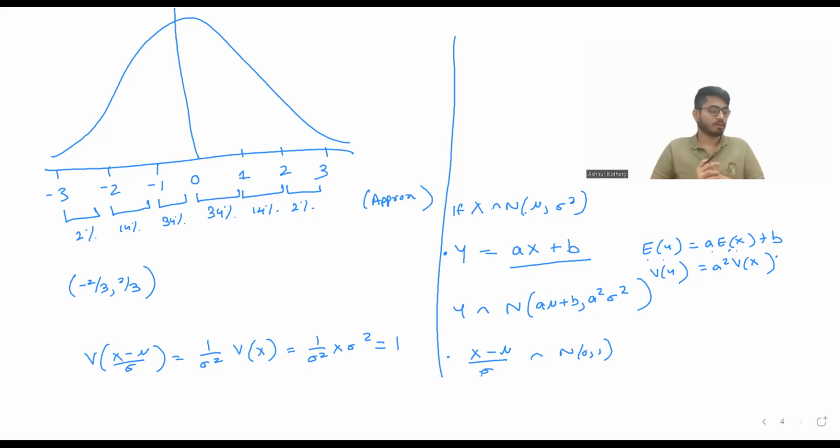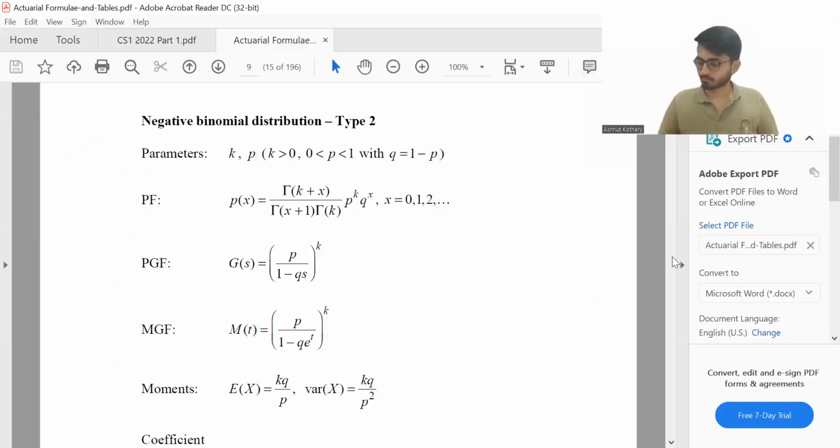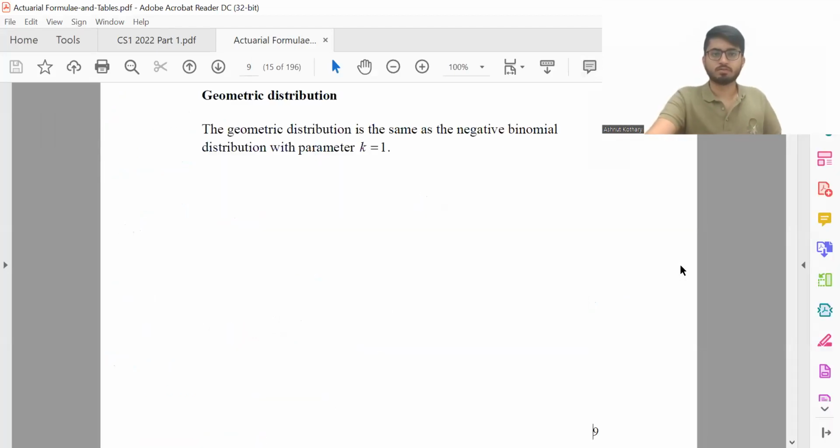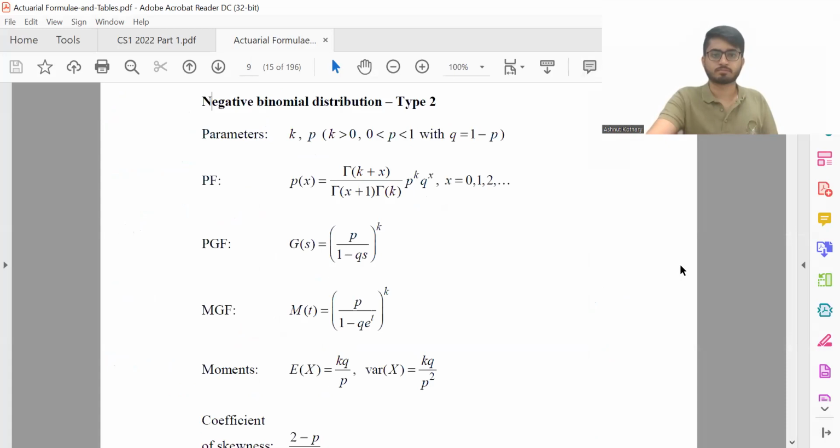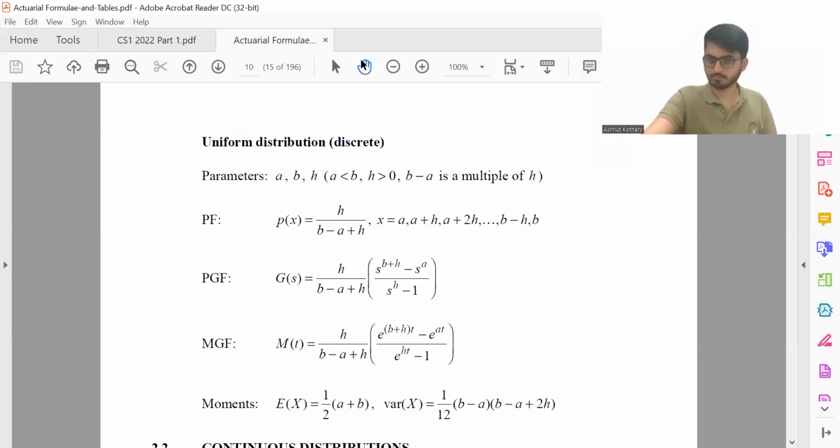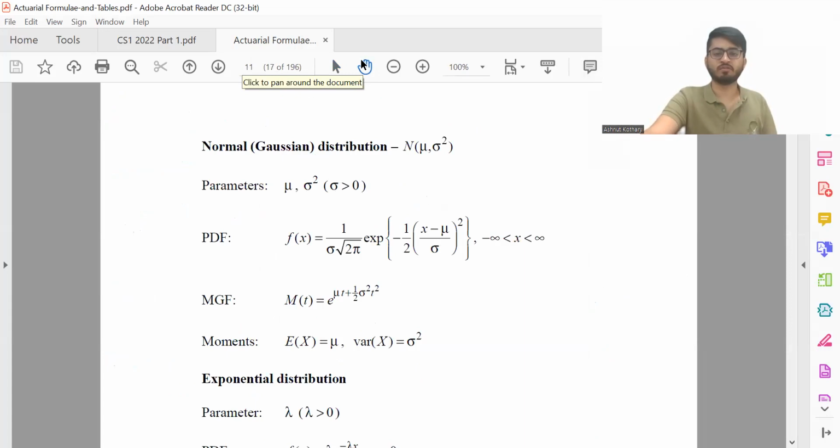Now let us attempt to find a few probabilities for the normal distribution. Before that, let us take a look at the actuarial tables. Here, first of all, the parameters are given.